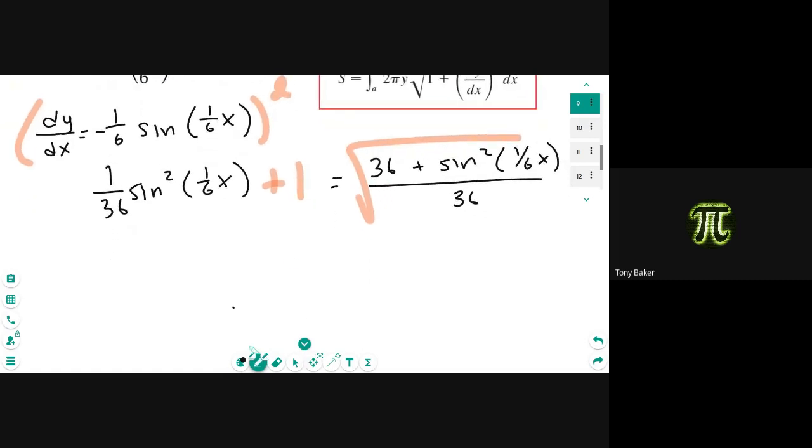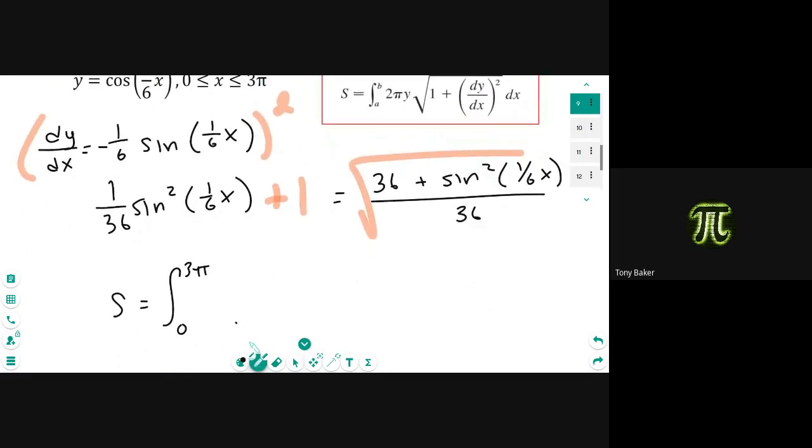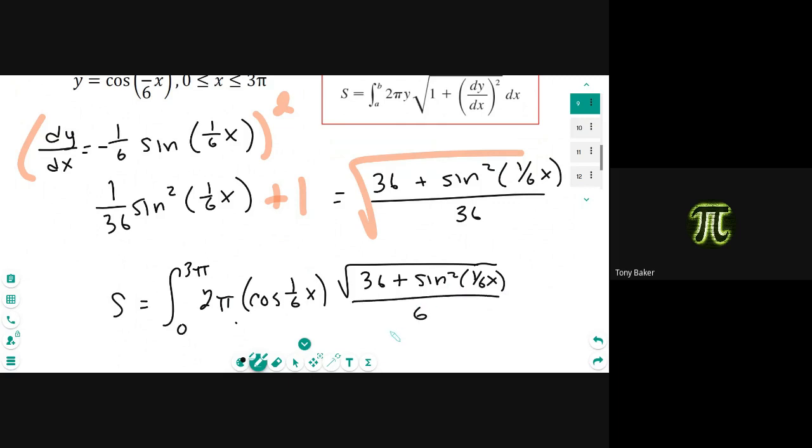So we end up with the surface area is the integral from, which one was I doing this from? 0 to 3 pi, of 2 pi cosine of 1/6 x, and then we have the square root of 36 plus sine squared 1/6 x over 6.